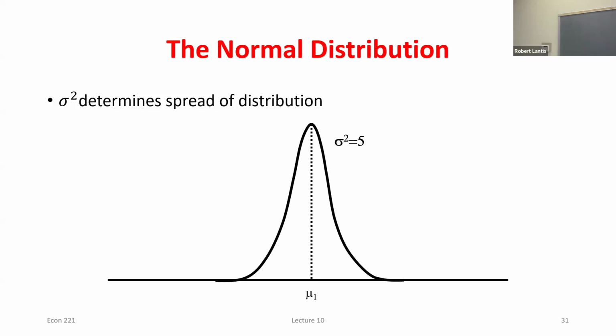Yeah, it works in opposite directions. As the variance gets higher, my distribution gets flatter and flatter. Why? Because the variance is telling me that there's more deviation from the mean, or that I'm going to have a lot more observations out here in my tails. So as we get higher and higher variance or standard deviation, I'm getting a flatter distribution. They're still normal, they're still symmetric, but it's getting flatter.